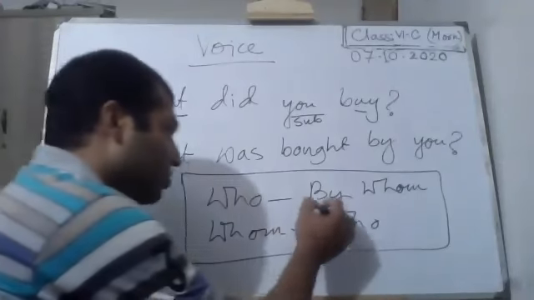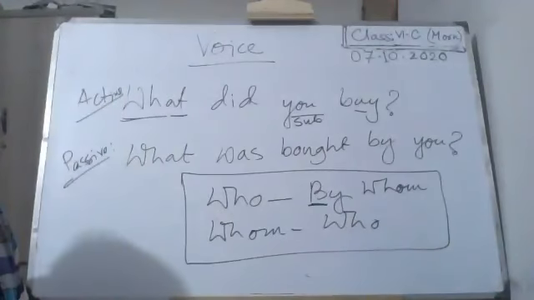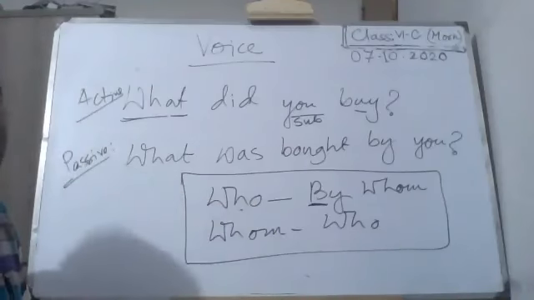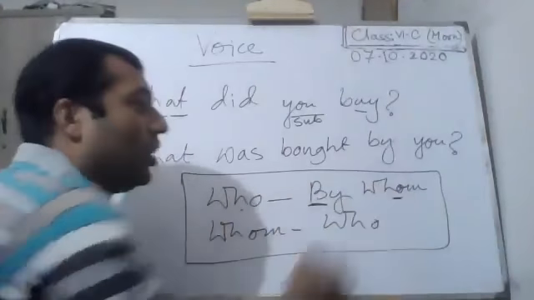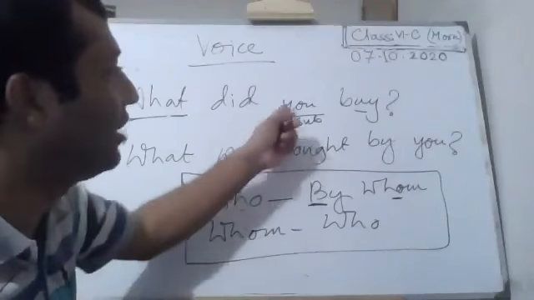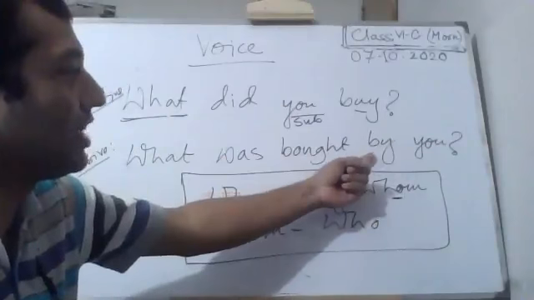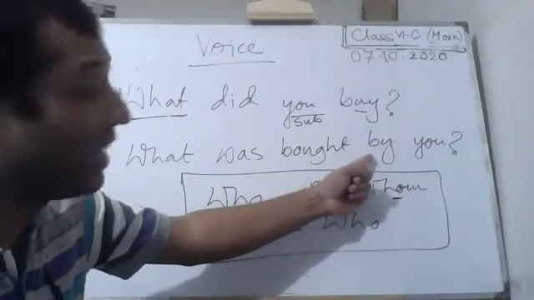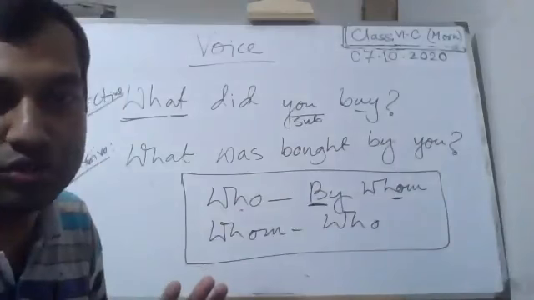Do you know why we have used by? Because who is the subjective form, and in a passive sentence, who becomes the objective form, whom. And we know when the subject becomes the object, we need to use a preposition, and most of the time the preposition is by. Only for this we have used the preposition by before whom. Have you understood?